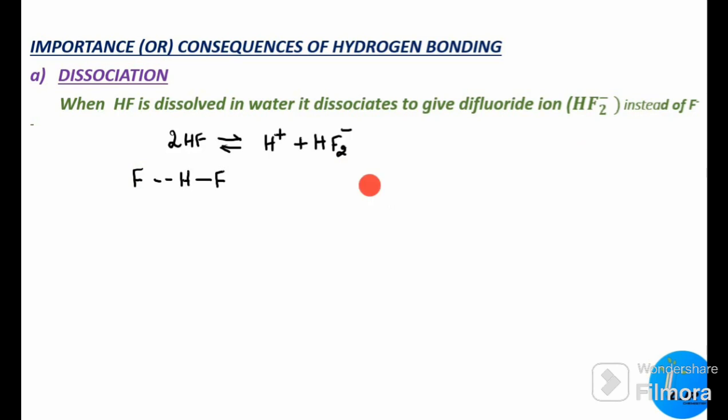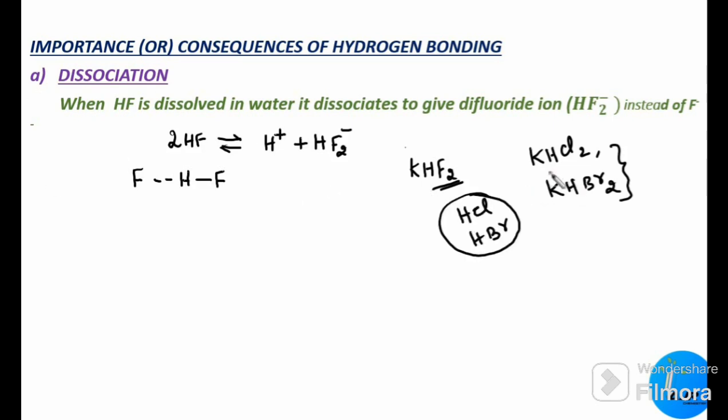This abnormal behavior of HF is responsible for the existence of KHF2. But similar compounds like KHCl2 or KHBr2 are not possible. They do not exist due to the absence of hydrogen bonding in HCl and HBr.